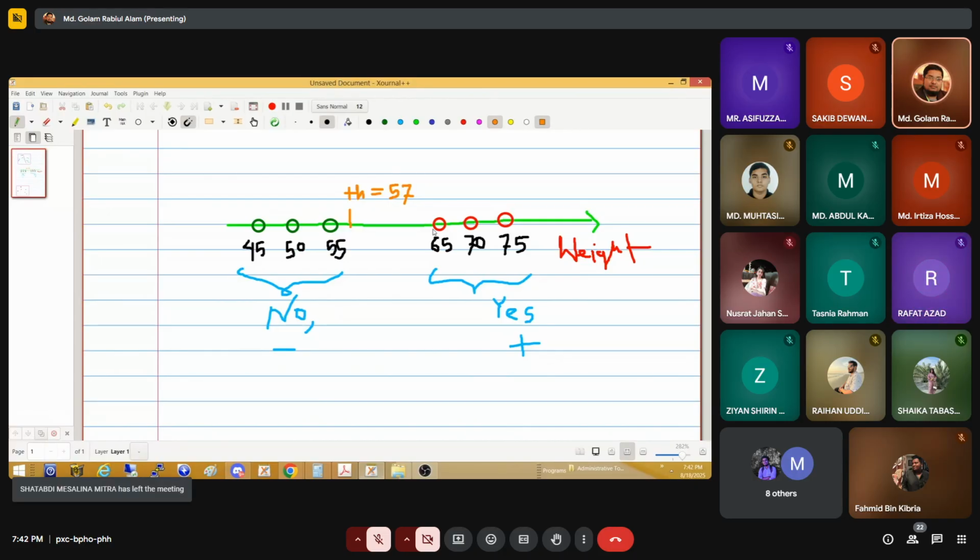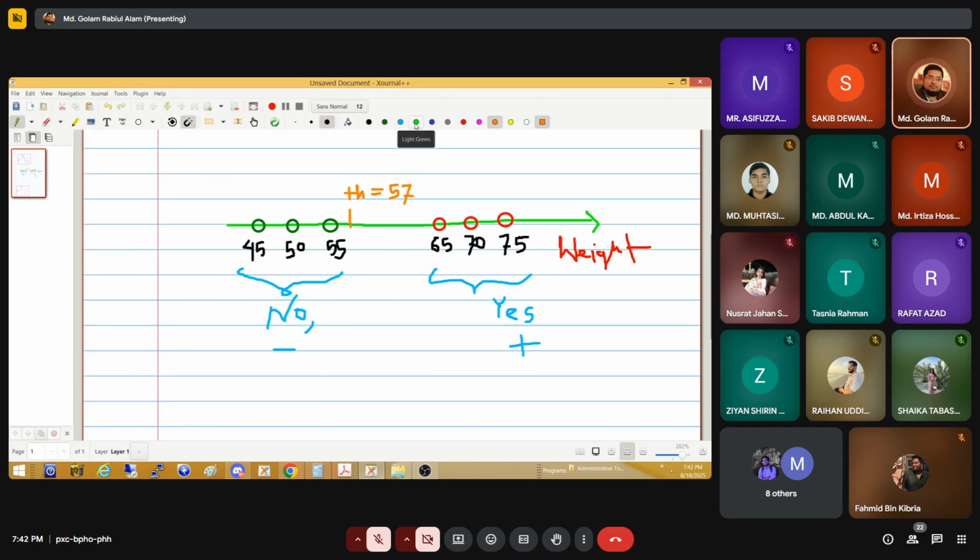So the learning algorithm will correctly identify every subject here, which means we can get 100% accuracy from that model, based on this threshold, 57.